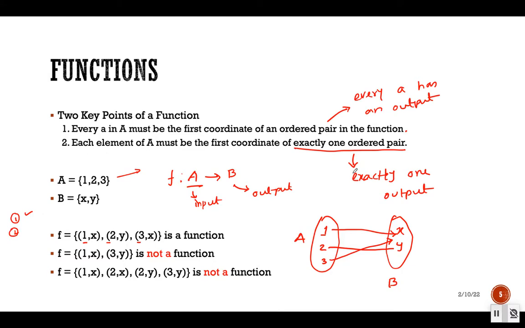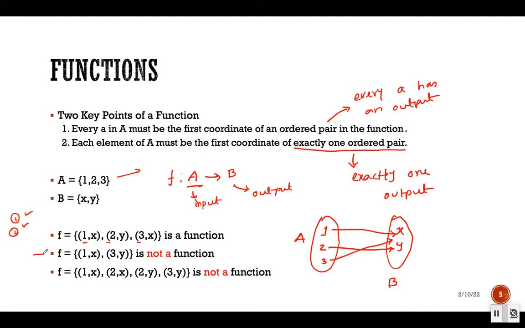The second condition says that every input is going to have exactly one output, meaning each element of A must be the first coordinate of exactly one ordered pair. So 1 has only one output, x, 2 has one output, y, 3 has one output, x. So condition 2 is also done. The first example F is a function.